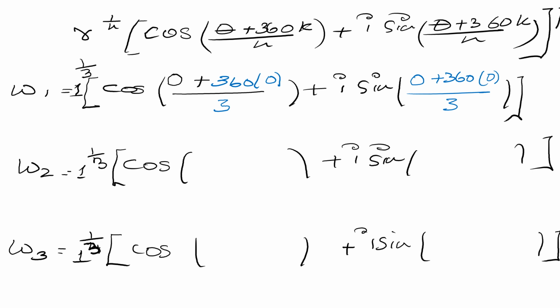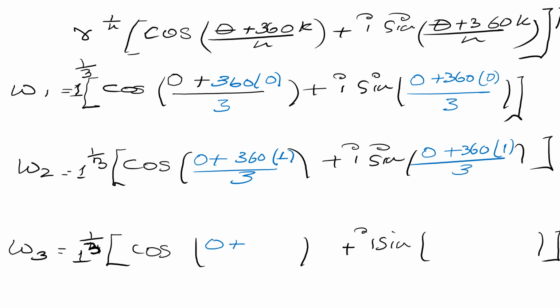Now here everything is same, 0 plus 360 as it is, but the value of k will be 1 divided by 3. Here copy down 0 plus 360, 1 and divided by 3. Now here the k value is only 2, the rest of the angle is same. Here 0 plus 360 and 2 divided by 3.